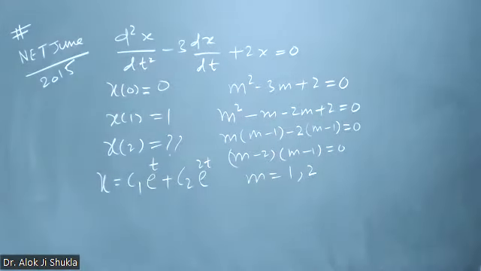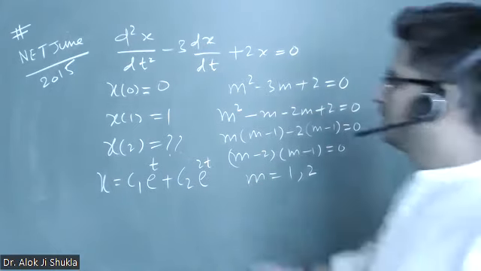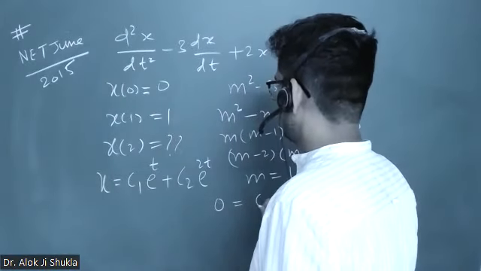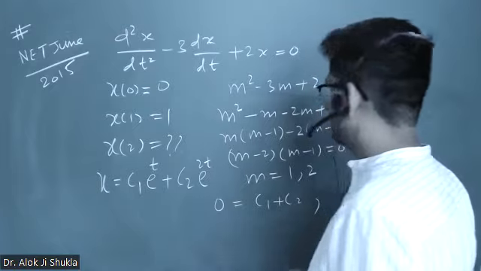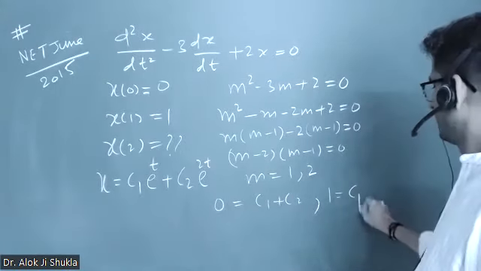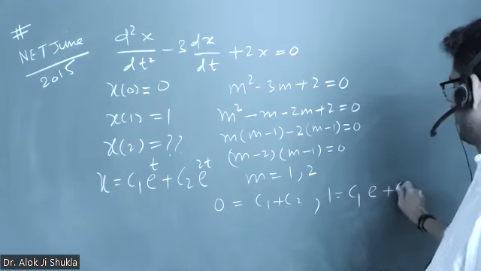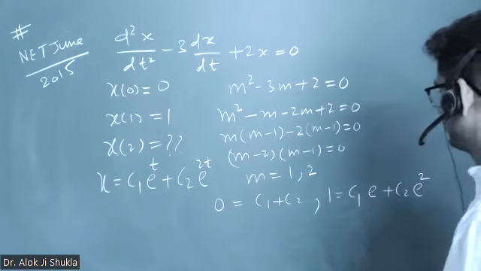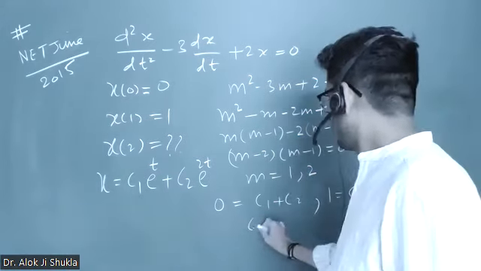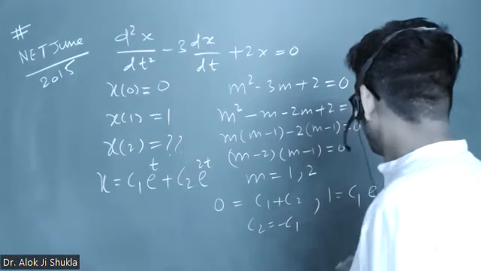Sabka aa raha hai? Yes sir. Put the boundary condition, I mean initial condition. So 0 is C1 plus C2 and x1 is 1. So 1 is C1 e plus C2 e square. So these two we have to solve. So what is C2? It is minus C1.